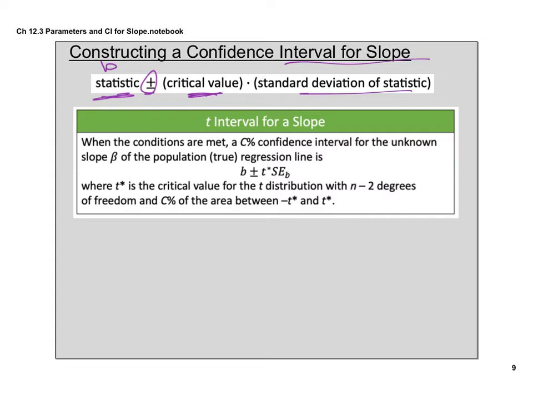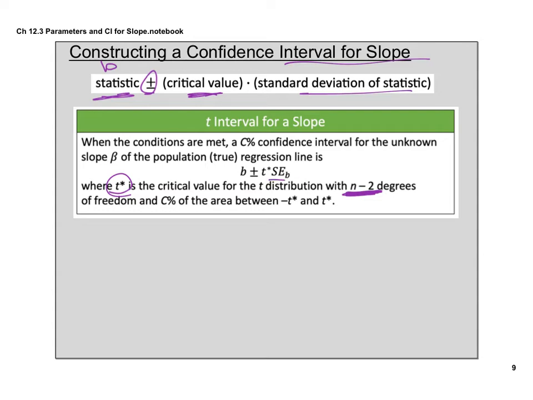Now, these critical values come from t star, not z star, because this is from the sampling distribution, not from the true population. So we have to use t star, which means that we have to find degrees of freedom. And for linear regression, our degrees of freedom is n-2, which is a little bit different.